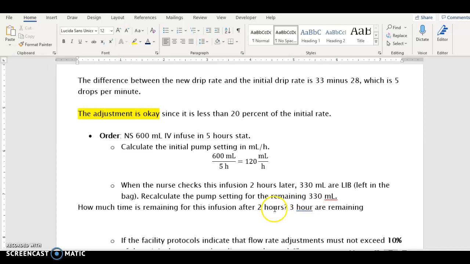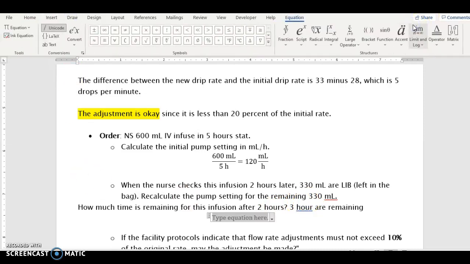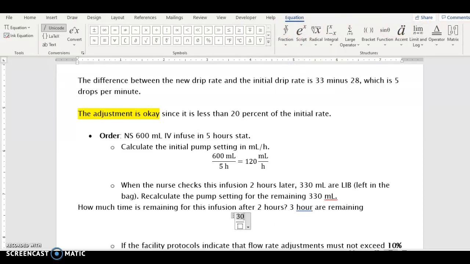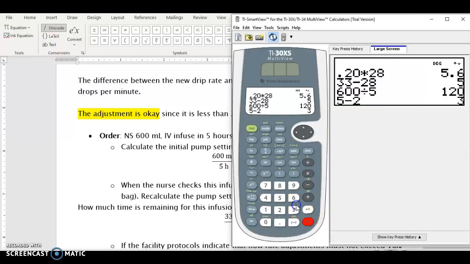To recalculate the pump setting, we're going to take the remaining volume, which is 330 milliliters, and divide by the remaining time, so 330 milliliters divided by 3 hours. You can punch that in your calculator: 330 divided by 3 is equal to 110.